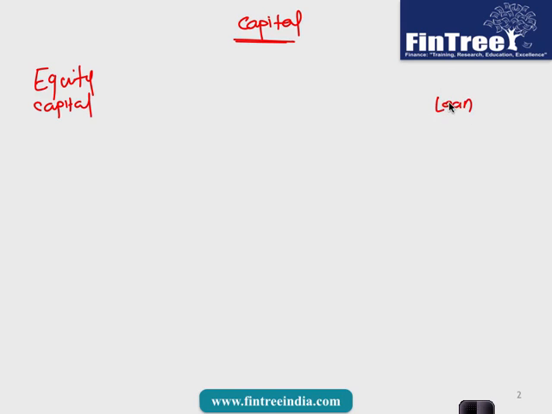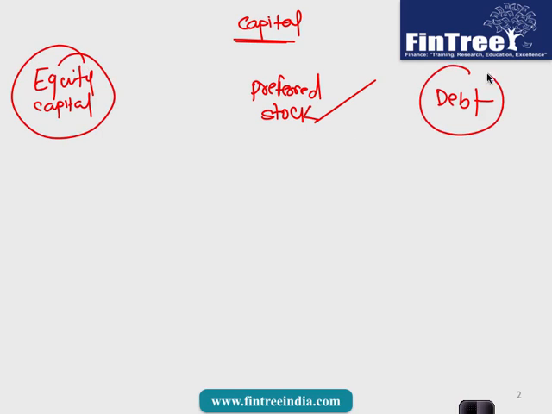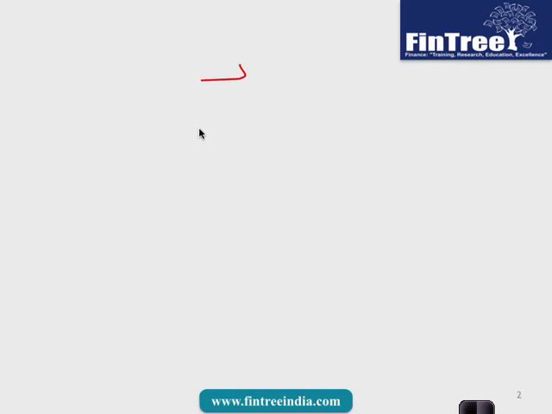So in this reading, we would be referring to loan as simply debt funding. Let's say you go to a bank, you pay them interest and you get the debt funding. There also exists a hybrid instrument which is between the two, which is called preferred stock. So these are the three possible sources through which you can raise money in the market. First, we will understand the difference between equity capital and debt, and then we will spend time on understanding what is preferred stock.